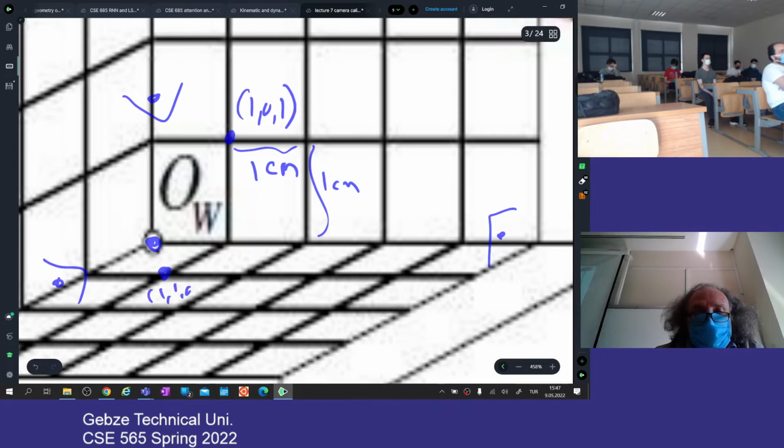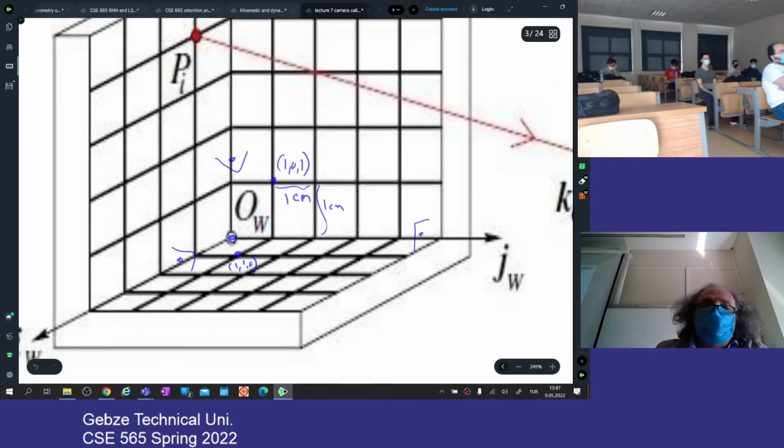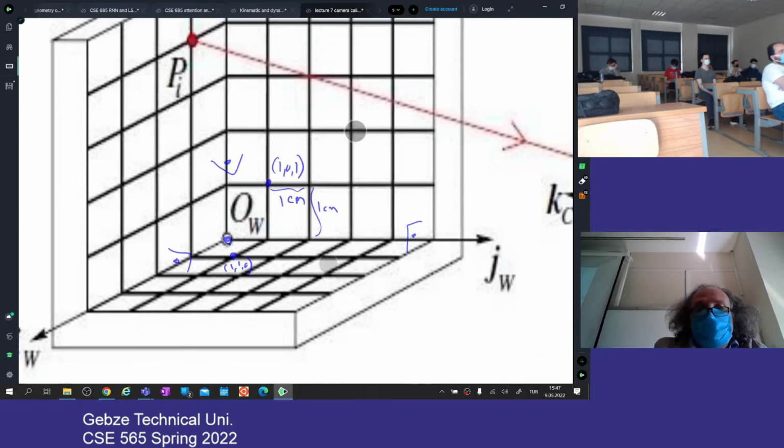So these are my real world coordinates in terms of centimeters, or you can say 10 0 10, or in terms of millimeters, 10 10 0. So I know the positions of these in the real world.